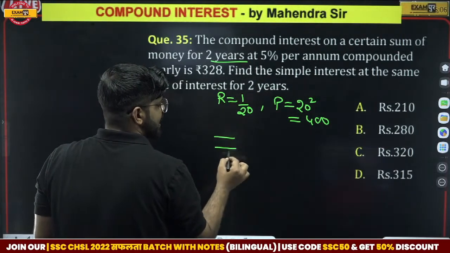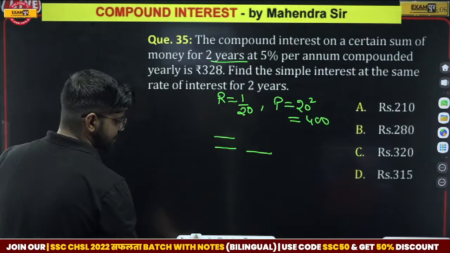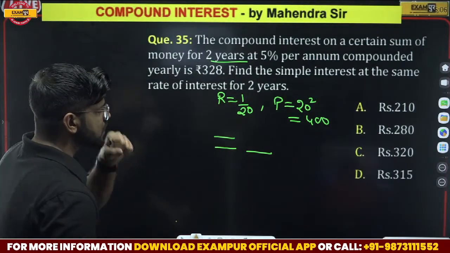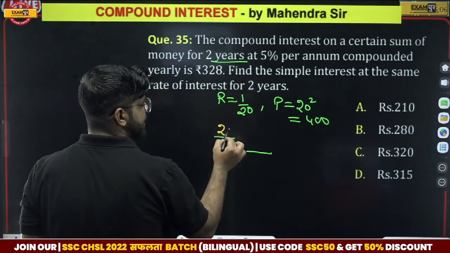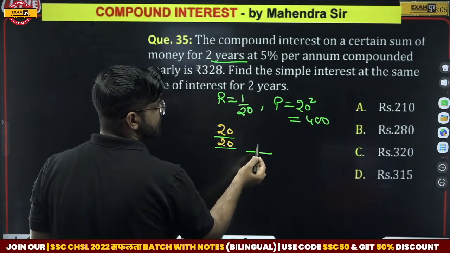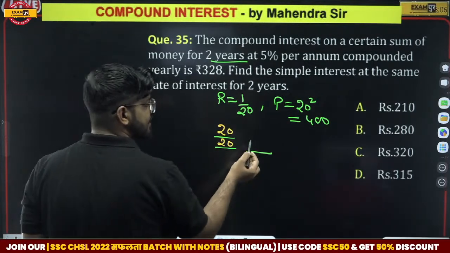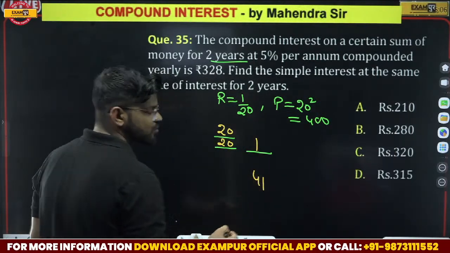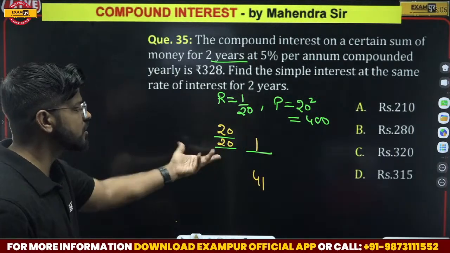Then if I make slabs, these are my slabs. For this, it will be 20, here also we get 20, and here we will get 1. So overall we are getting 41. Overall is what?